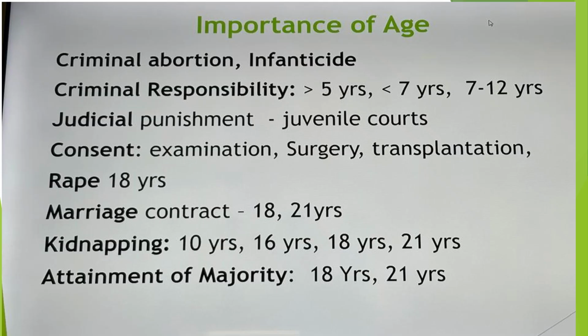Okay. Then there are other definitions that are given. If you are procuring a girl for prostitution and her age is under 18, then that is also considered kidnapping under section 96 of the BNS.